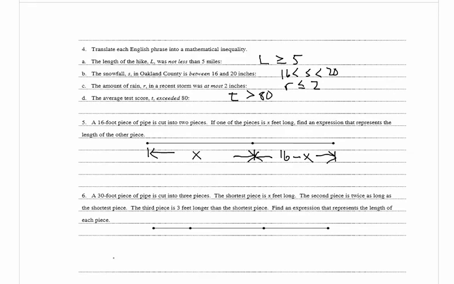In 6, it says a 30-foot piece of pipe is cut into 3 pieces. The shortest piece is x, so that represents this first piece. The second piece is twice as long as the shortest piece, so we're going to have 2x.